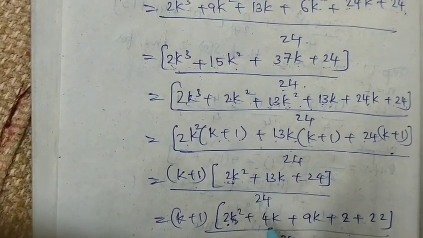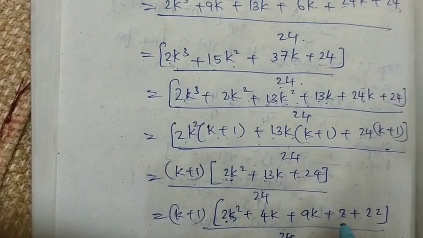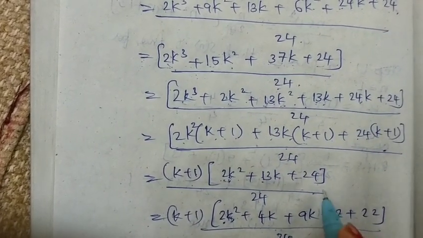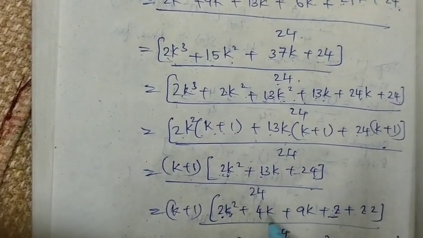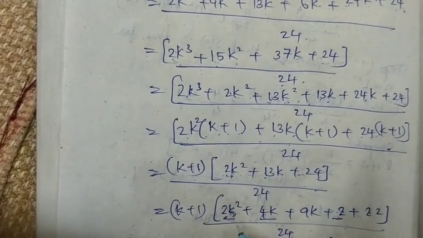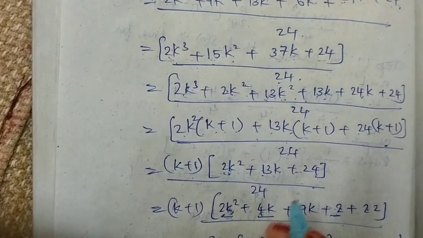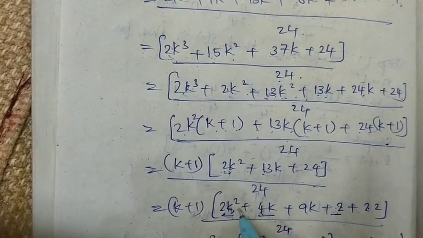We are taking 4k out of 13k, and 2 out of 24. The whole thing is just to make it in terms of 2 into k plus 1 whole square or so.